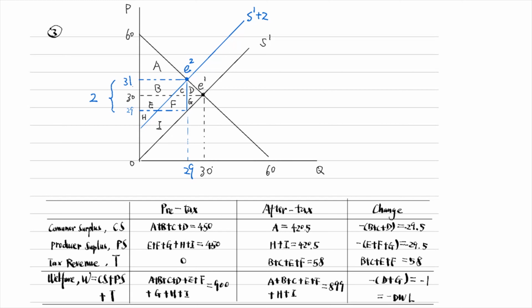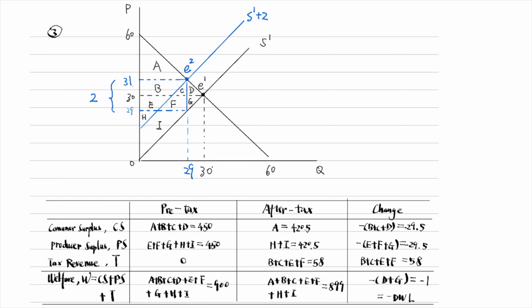For the producer surplus, the before-tax producer surplus is the area of E plus F plus G plus H plus I. For the after-tax producer surplus, we have 2 ways to calculate it. It equals the area of B plus E plus H. It also equals the area of H plus I, because we can think of it this way.